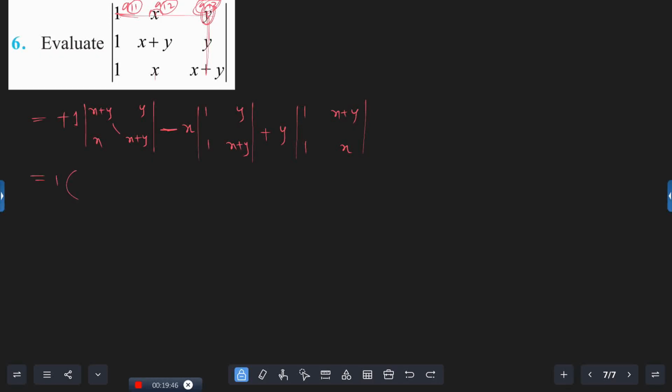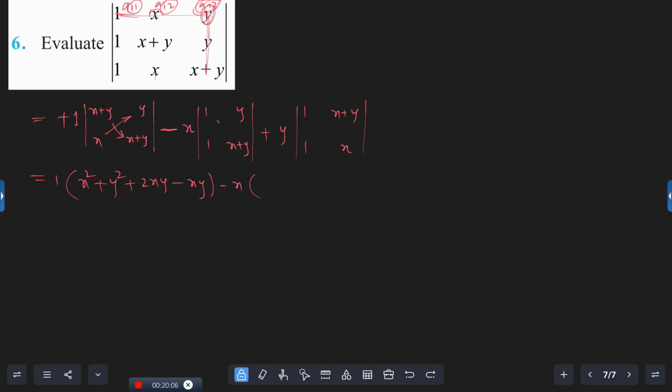1 into, if you multiply this together, x plus y into x plus y, what will you be getting? X plus y whole square. That means x square plus y square plus 2xy you will be getting. Is it okay? The formula, x plus y whole square. And these together if you multiply, minus x into y, xy. That's it.